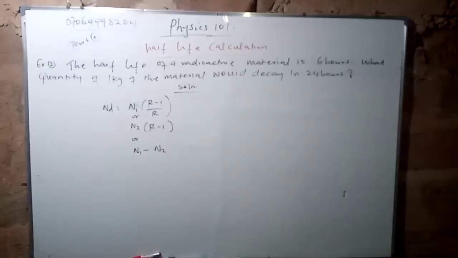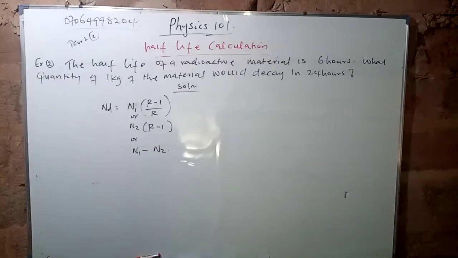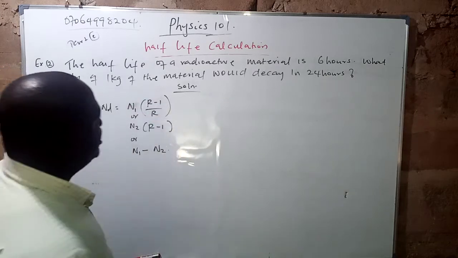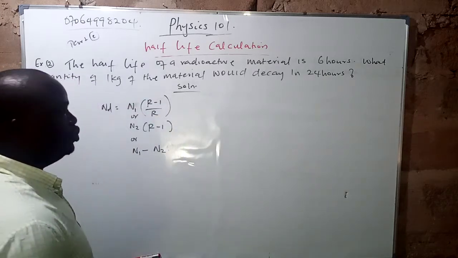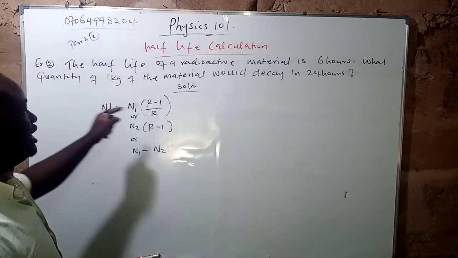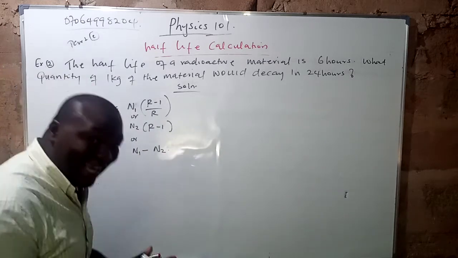Now we are into another example. The half-life of a radioactive material is 6 hours. What quantity of 1 kg of the material will decay in 24 hours?